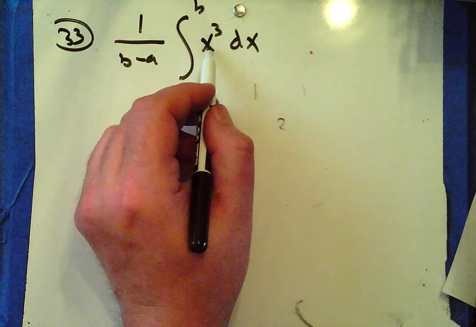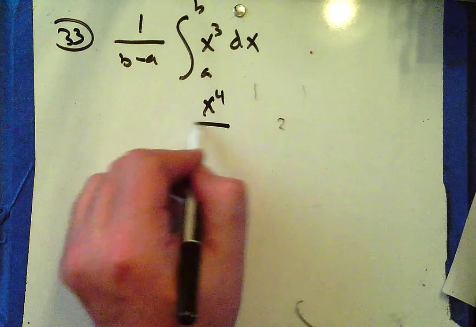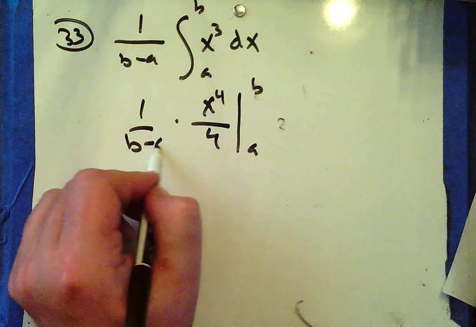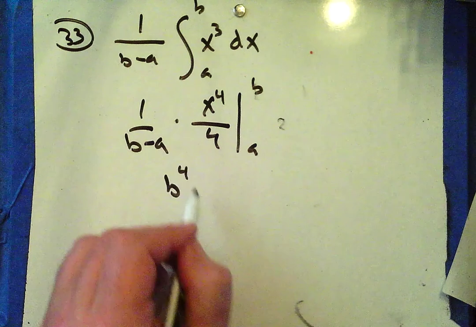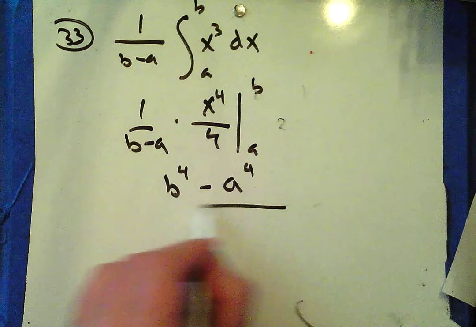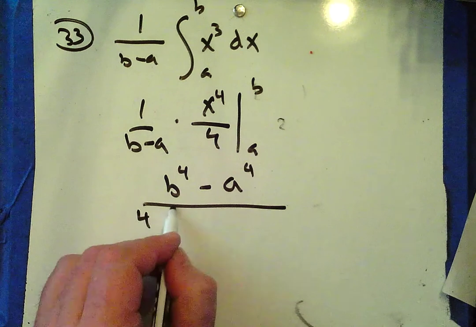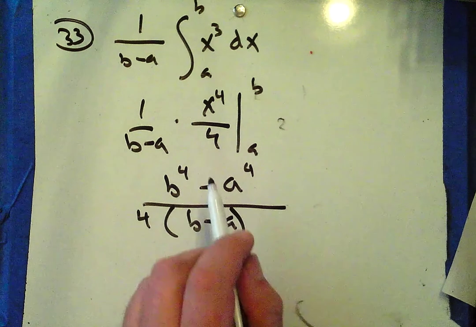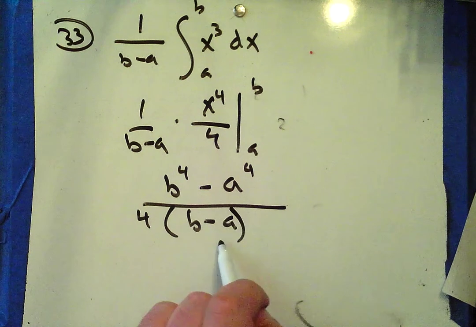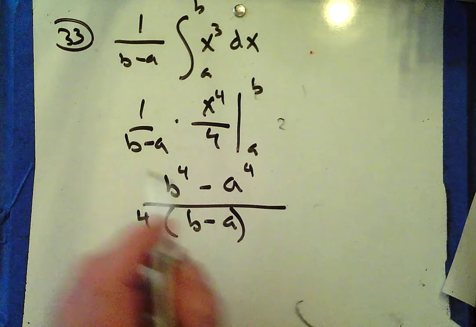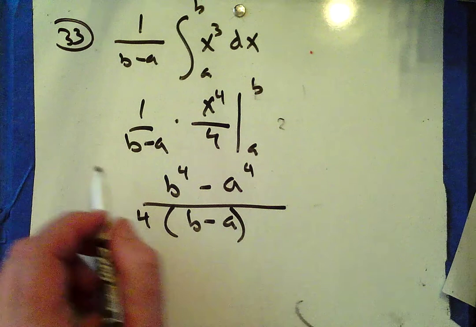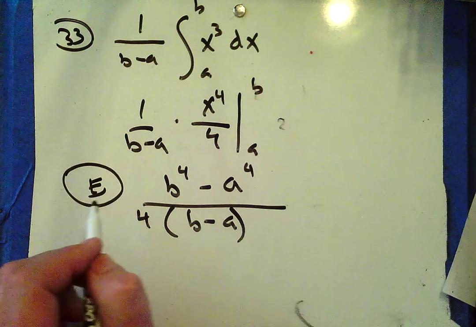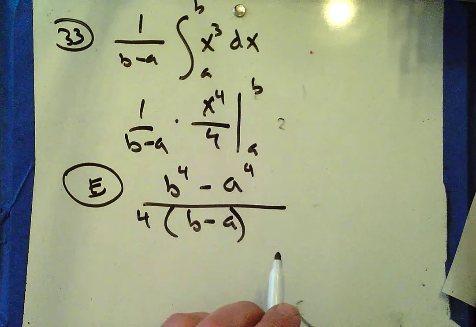Okay, the antiderivative of this is x to the fourth over 4 from a to b times 1 over b minus a. It's going to be b to the fourth minus a to the fourth over 4 times b minus a. I imagine I can take this further, but let's see if this is there. Oh, it is there. It's choice E. That's nice. I thought they were going to make me factor that difference of squares a couple of times. Okay, choice E, number 33.